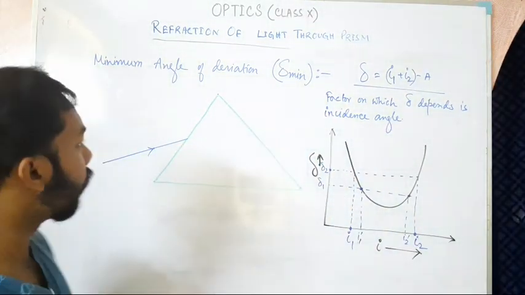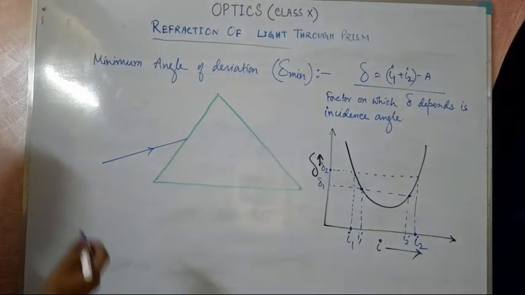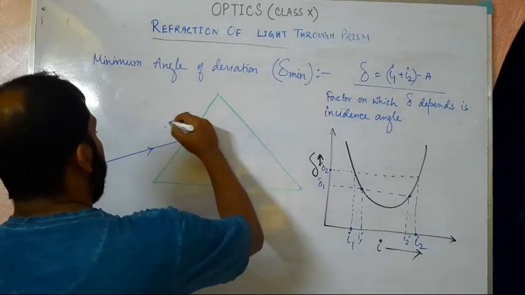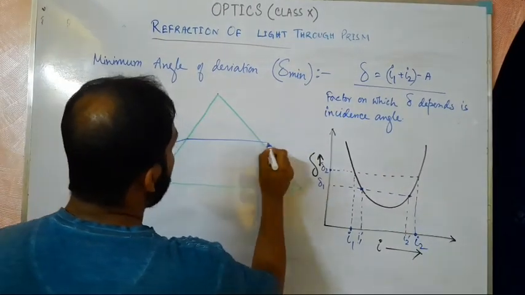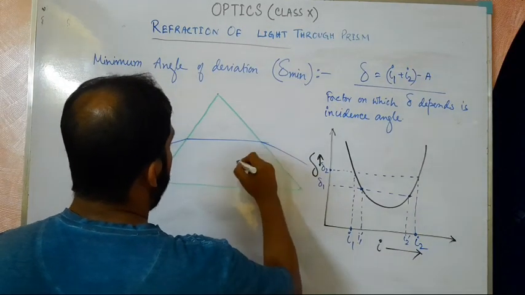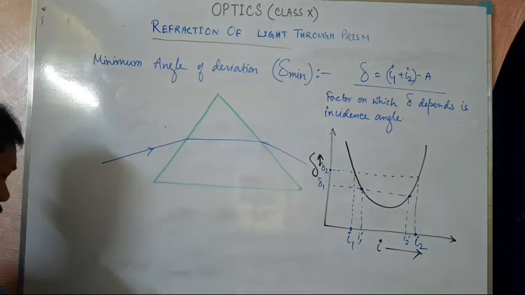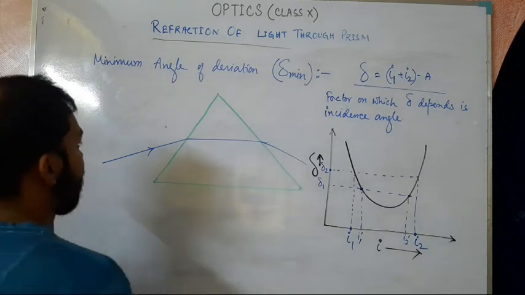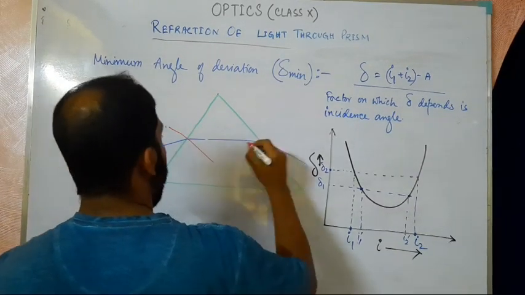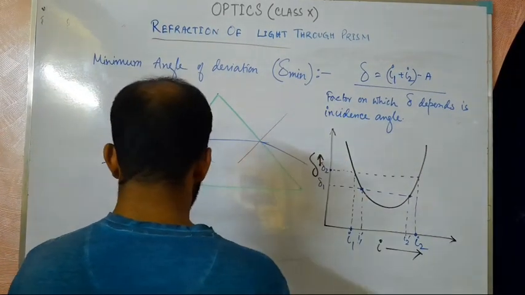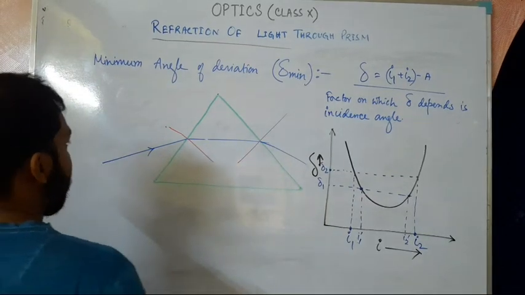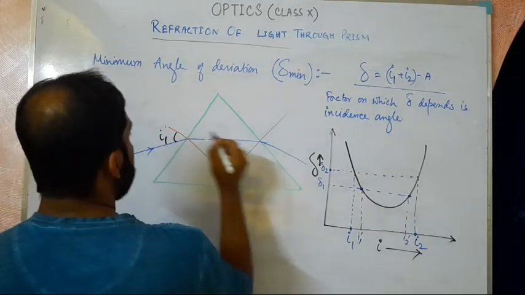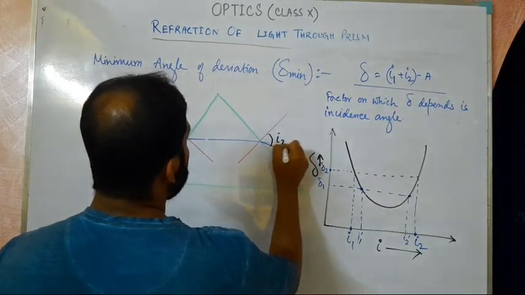Why are there two incidence angles? It is very obvious, because we have seen there are two incidence angles, one here, I1, and one here, I2.